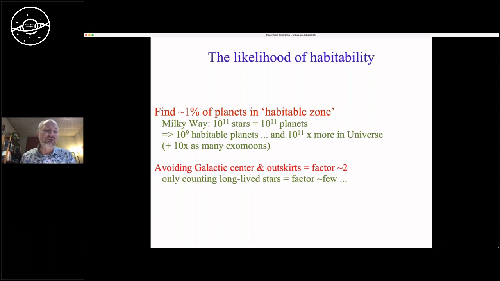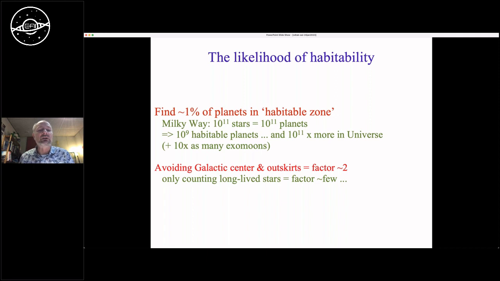If you do this in more detail, you may want to stay away from the center of our galaxy where there is a lot of radiation present. You may want to stay away from the outer parts of the galaxy where there are not enough heavy elements around, but that only reduces your number by a factor of 2 or so.